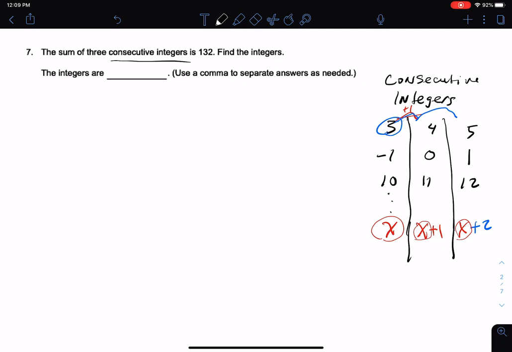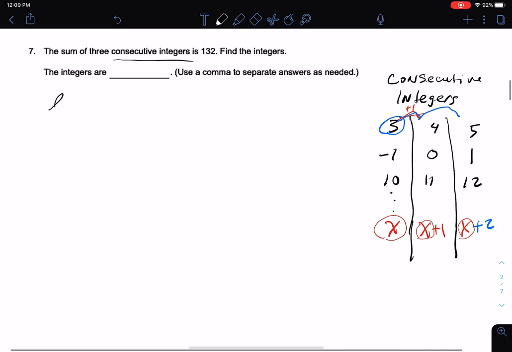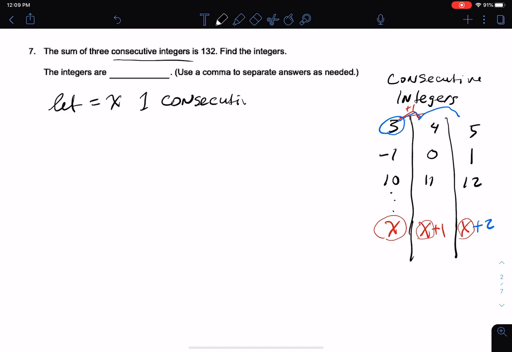So in a problem like this, we would make a let statement. If they don't require that let statement in my math lab now, you're not going to be held to it, but usually we like to define our variables. Let x equal the first consecutive integer.